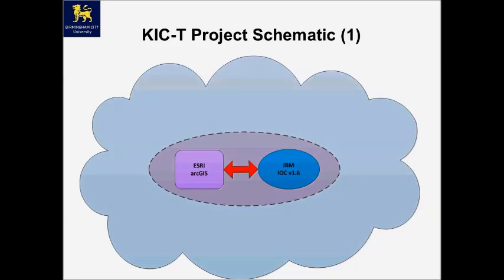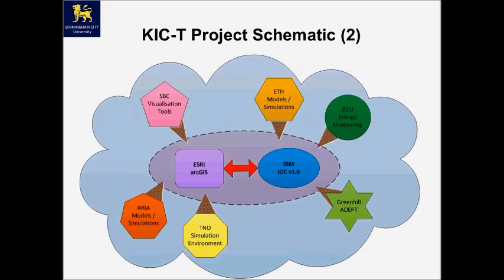A platform schematic then. So the 2 core components are IBM Intelligent Operations Center and the Esri ArcGIS product. What we're then layering on top of that are the models and simulations from the different partners.